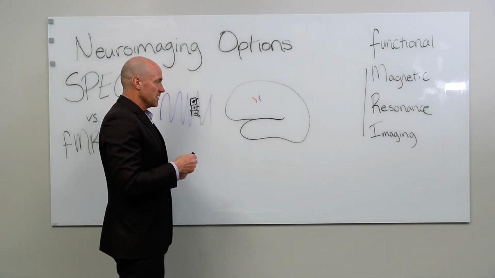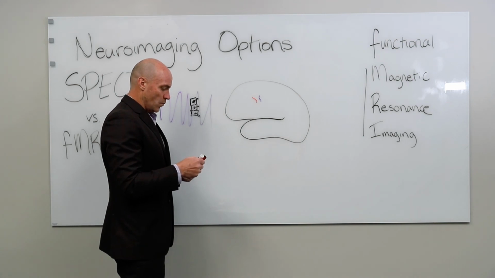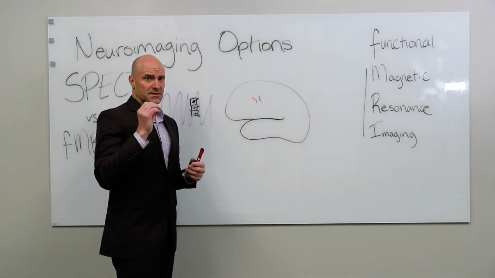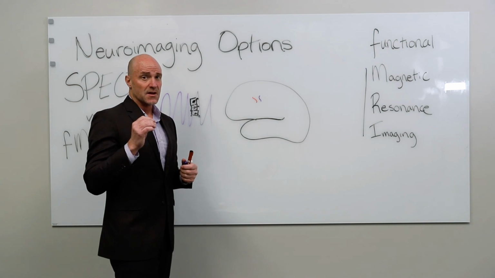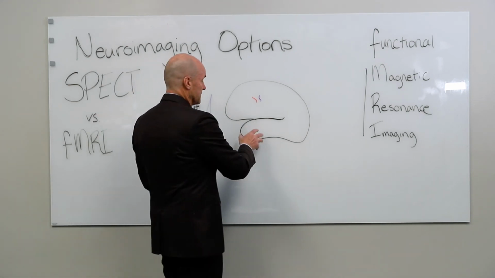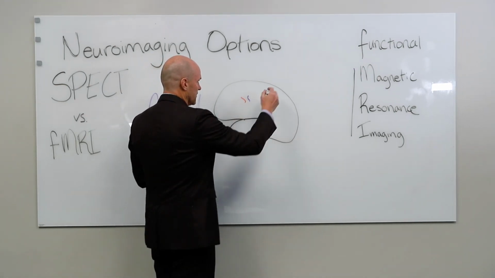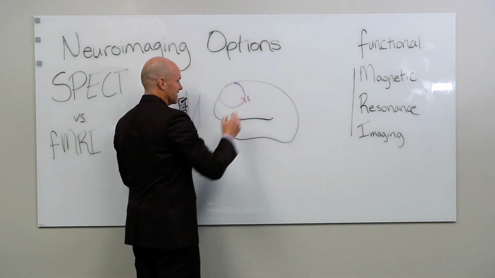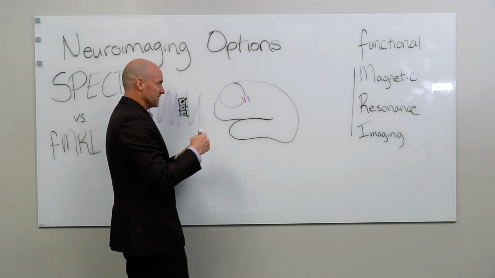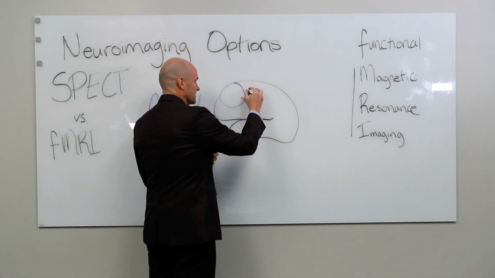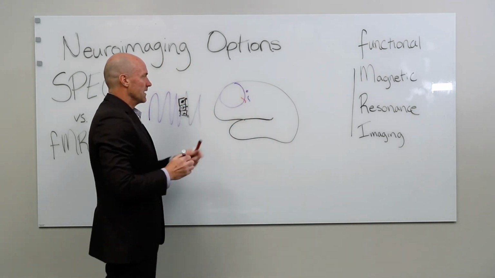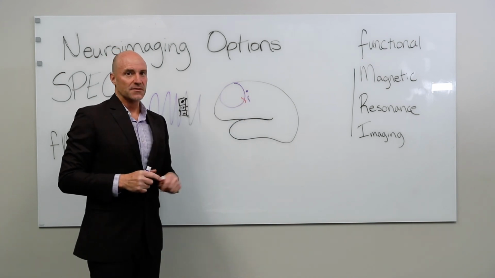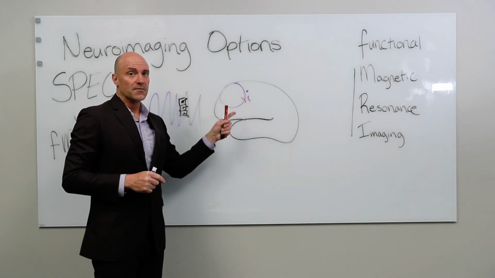and this allows you then to not only image just the tissue of the brain, but where flow is increasing and decreasing. But unlike with SPECT imaging, where this would happen at a very gross level, so let's say at the level of a region like this, now you're able to look at very small regions, like let's say on the millimeter level as opposed to on the centimeter level.